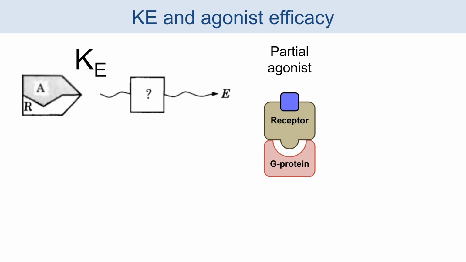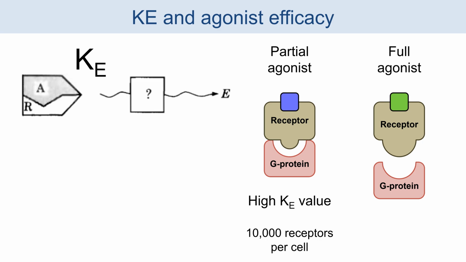Because of this, we need a lot of agonist-receptor complex to generate the signal, since we are only weakly interacting with the signal transduction system, and this means we will have a high Ke value, for example 10,000 receptors per cell. This means we need 10,000 receptors per cell to generate half the system maximum response.